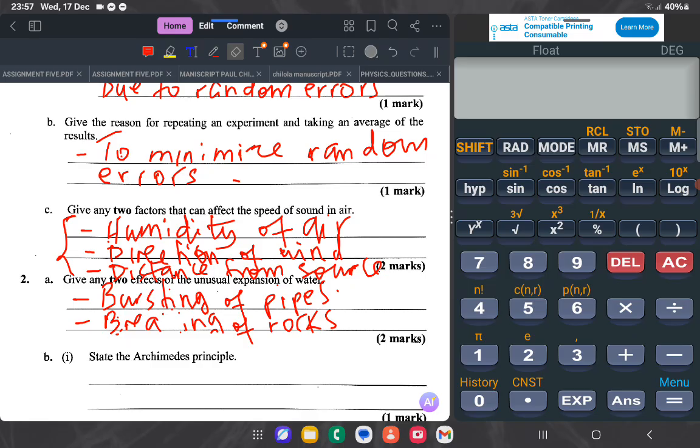Number 2B, state Archimedes' principle. Archimedes' principle is about objects being immersed, partly or fully, in liquids.